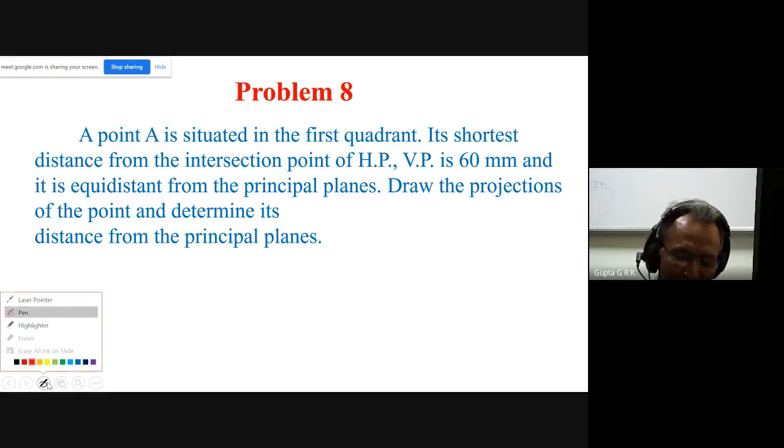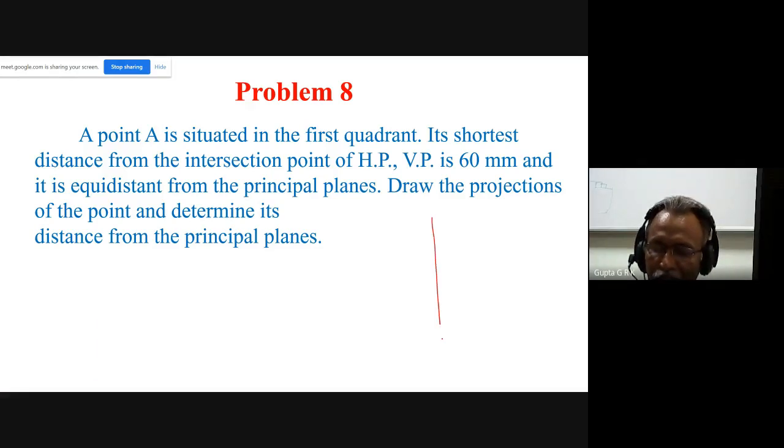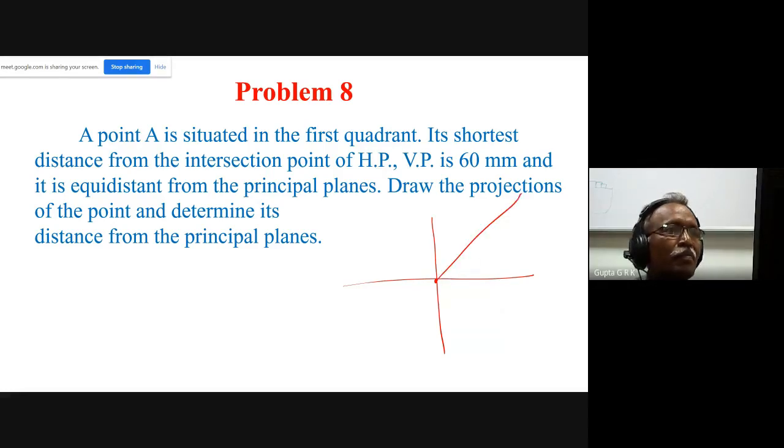So again, in the same way as we have done previously, if I draw the first quadrant and second quadrant lines, this is point XY. Equidistant from both the planes means it is on the 45 degree line here. And the distance from the point of intersection, this origin, is 60. So you have to cut with 60 here.